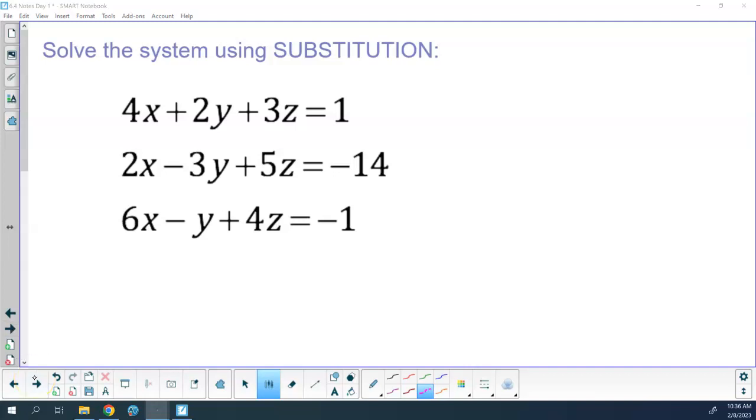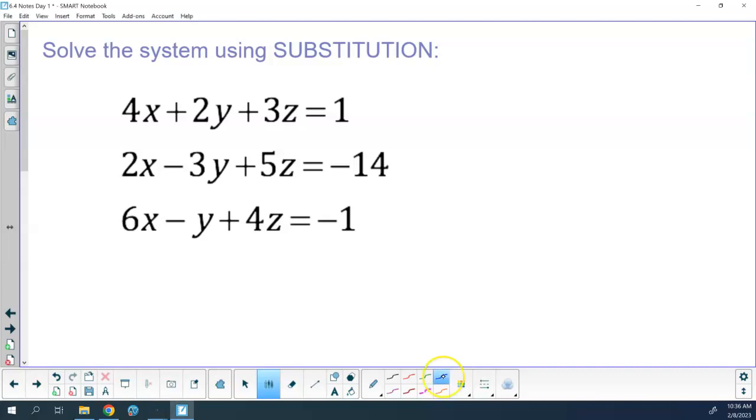Go for it. So when I'm looking at this, I only see one choice for step number 1. Which equation, which variable? Last one for y, right? Again, you want to make that choice as easy on yourself as possible. Okay?